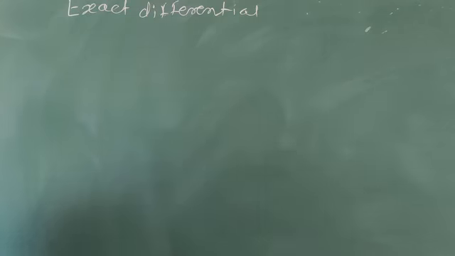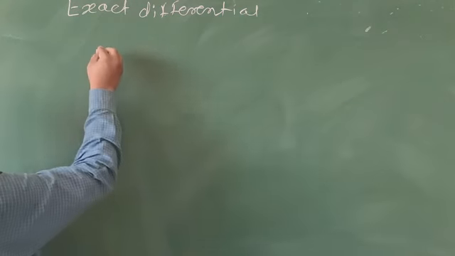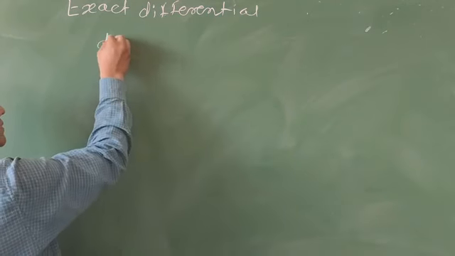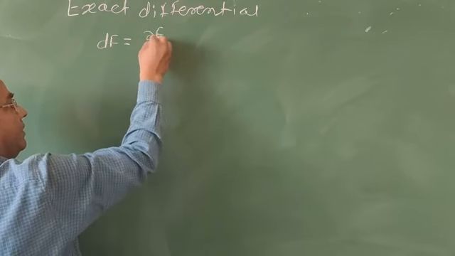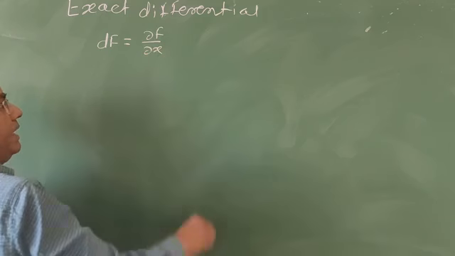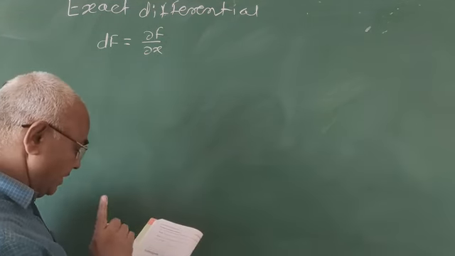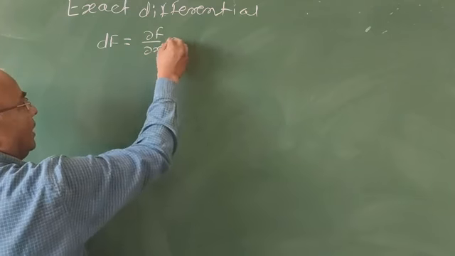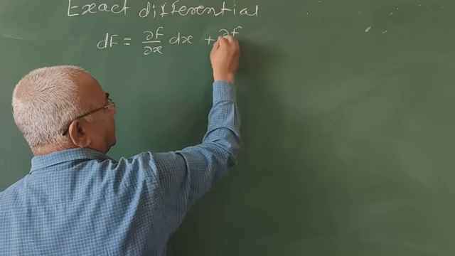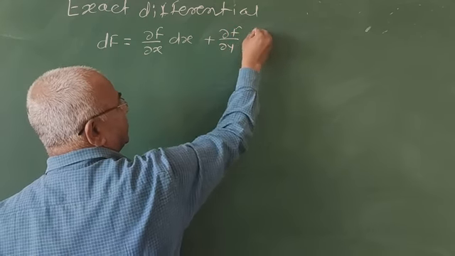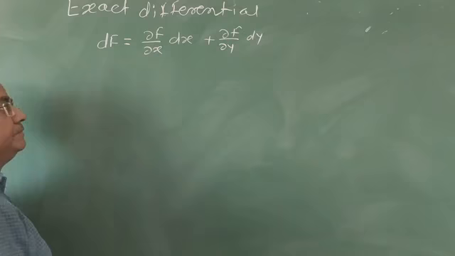We know that total differentiation df is given by ∂f/∂x, that is fx, into dx plus ∂f/∂y into dy.